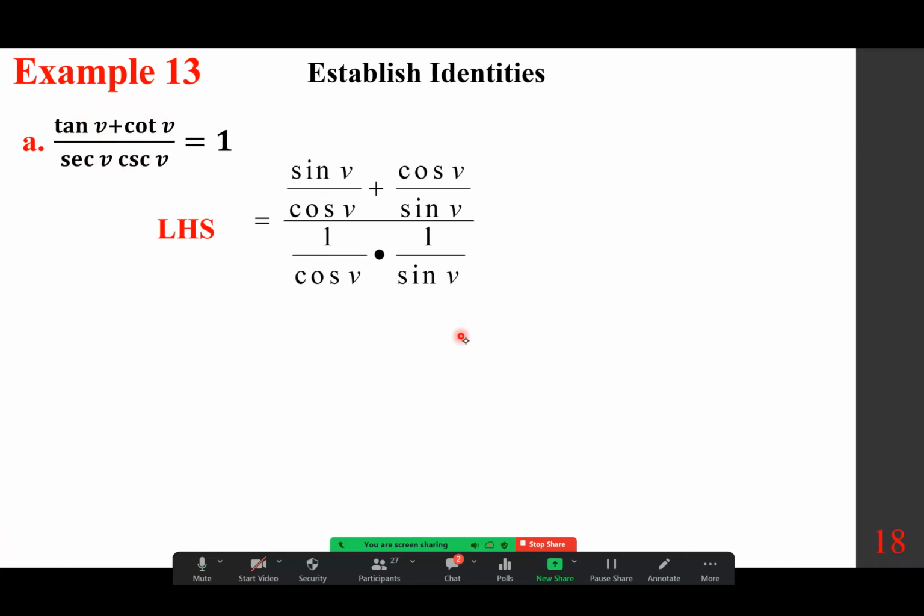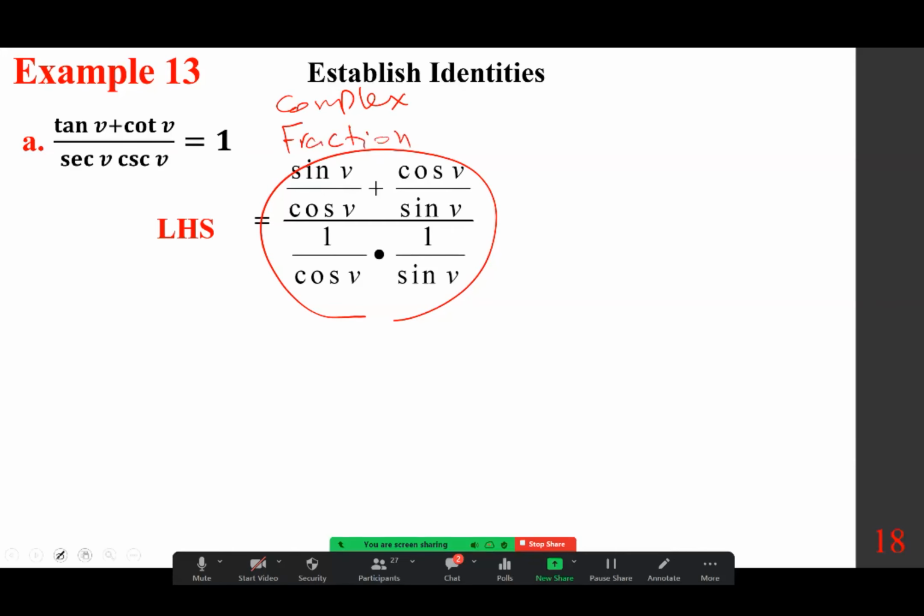Complex fraction. Again, reminding you, the technique is to multiply by the LCD. You have 1, 2, 3, 4 fractions. If you have even 10 fractions, the LCD for all of those is simply sine times cosine. This is the main fraction bar.